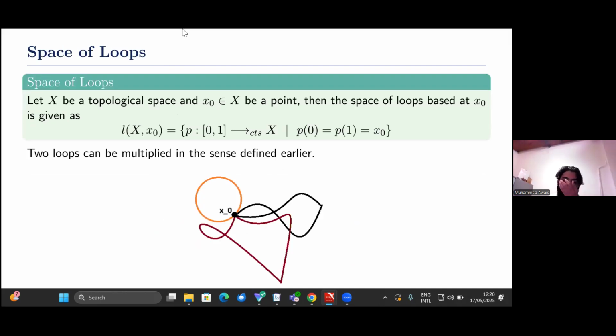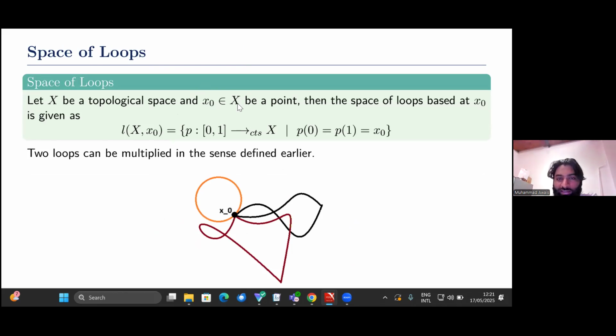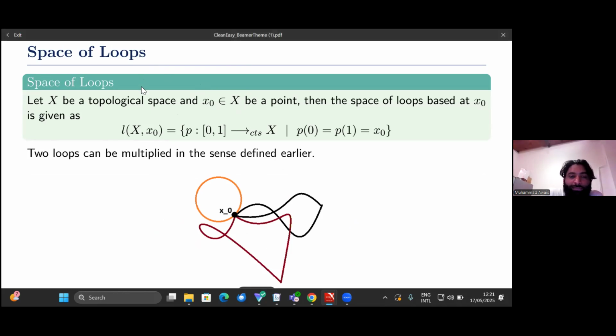Now, let X be a topological space, and fix some point x naught in your topological space, a point which you like. Then we define the space of loops based at x naught, and this space is given as follows. We consider all the paths which are actually loops, which one can see from this condition, all the loops whose starting and end point is x naught.